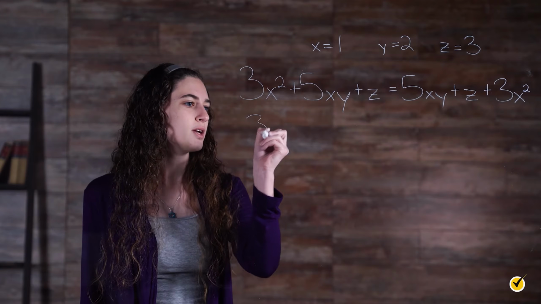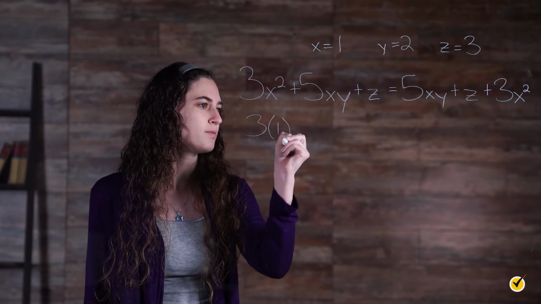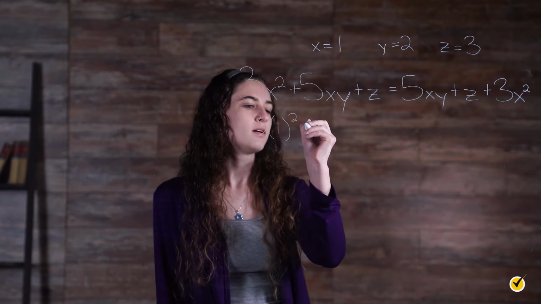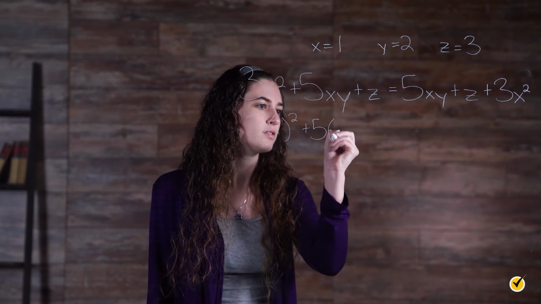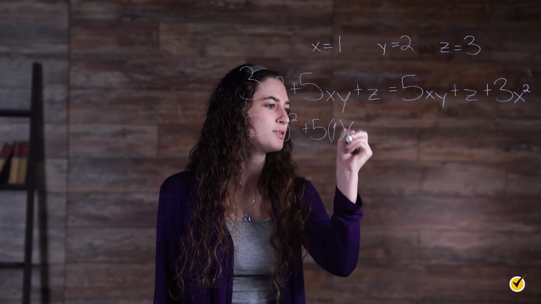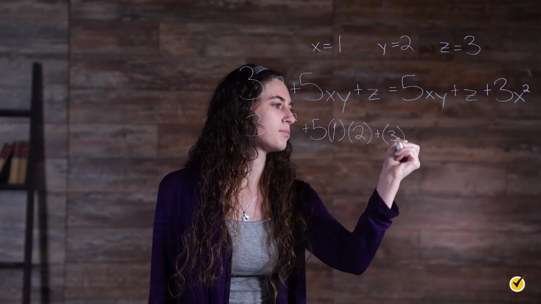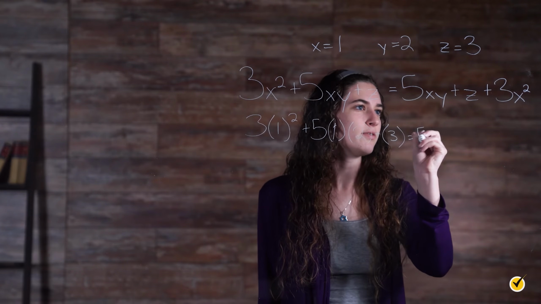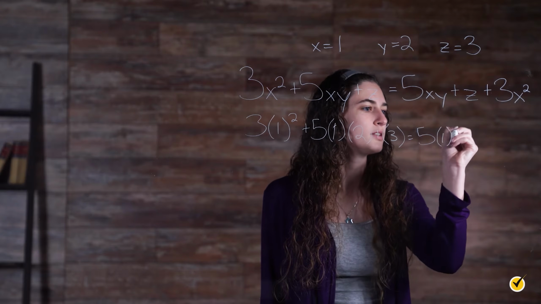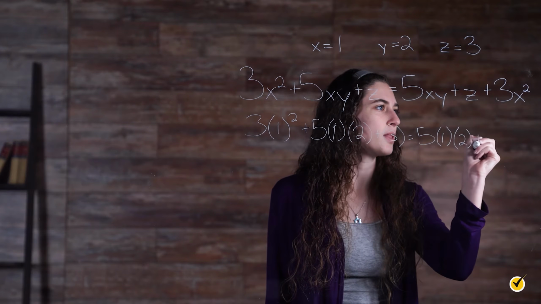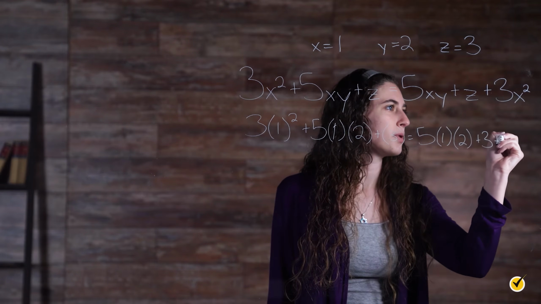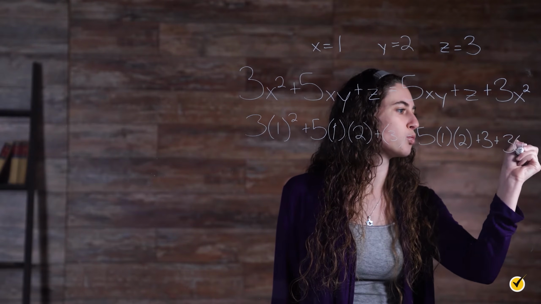So this gives us 3 times 1 squared plus 5 times 1 times 2 plus 3 equals 5 times 1 times 2 plus 3 times 1 squared.